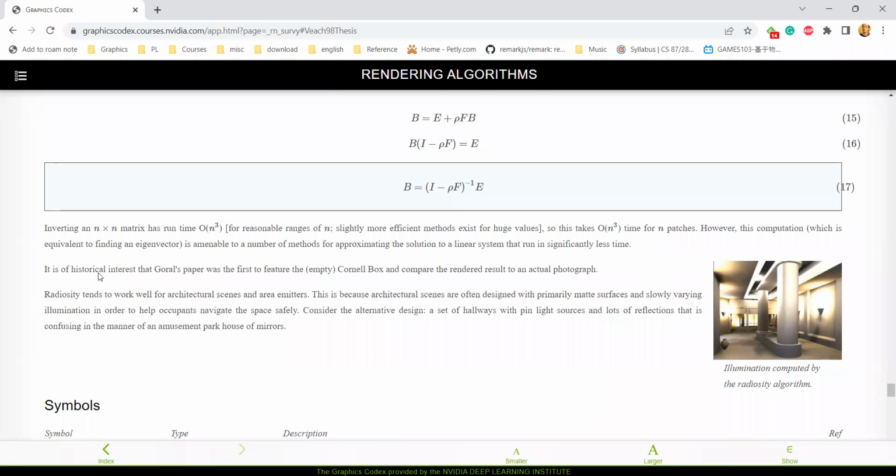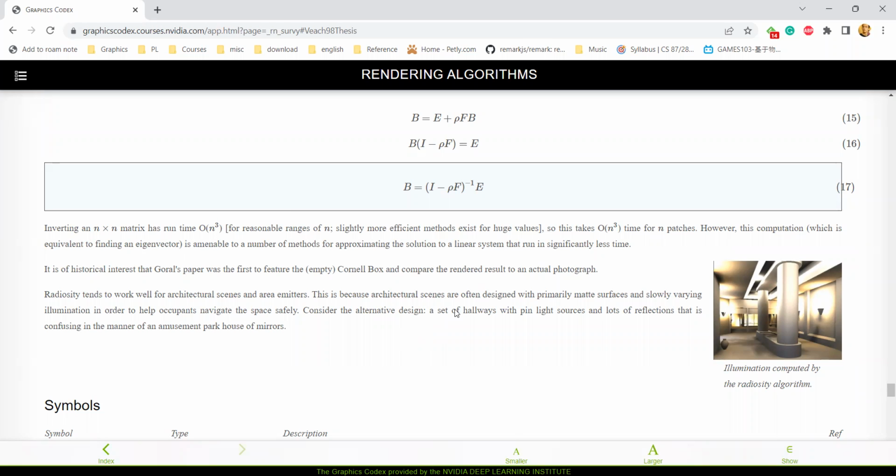It is of historical interest because Goral's paper was the first to feature the empty Cornell box and compare the rendered result to an actual photograph. Makes sense. Radiosity tends to work well for architectural scenes and area emitters. Yeah, because it works with patches.